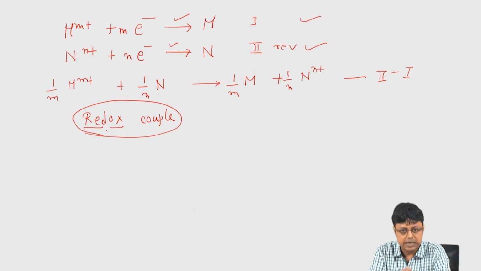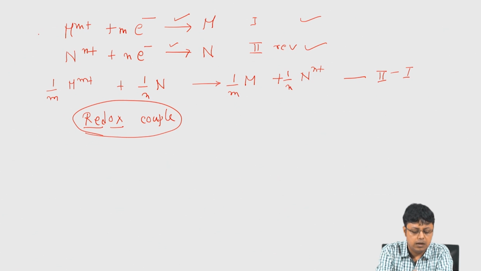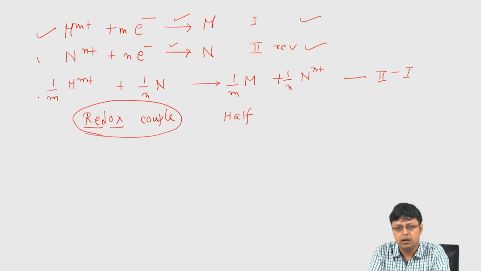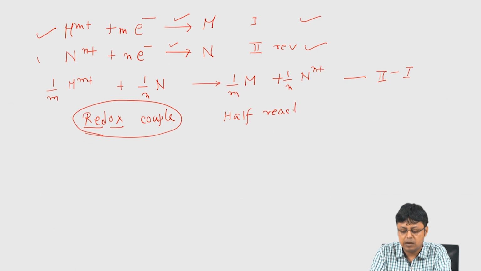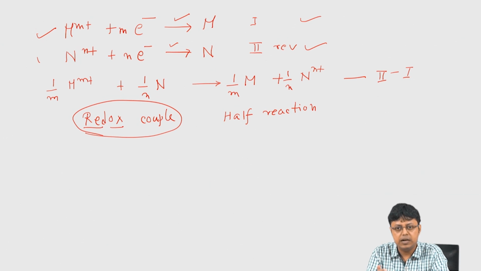Now, we will start our discussion first based on the half reaction. This is a total reaction where we did 2 minus 1, but we will first study the thermodynamics of the half reaction, and then we will just do addition or subtraction, keeping in mind whichever direction is spontaneous.